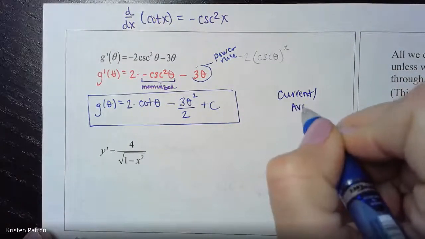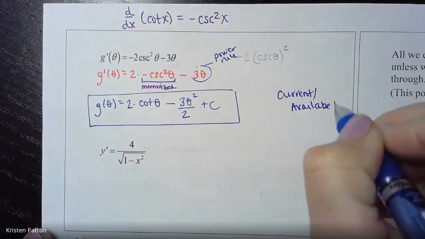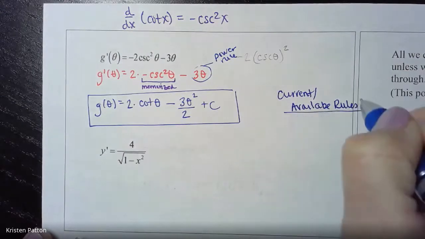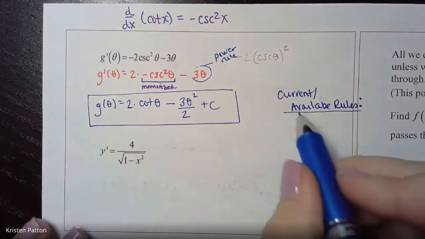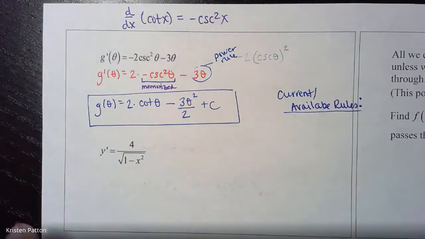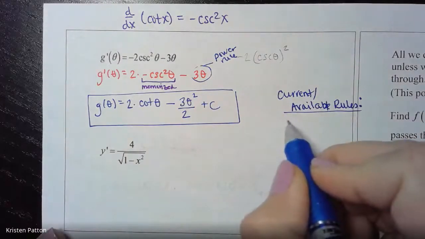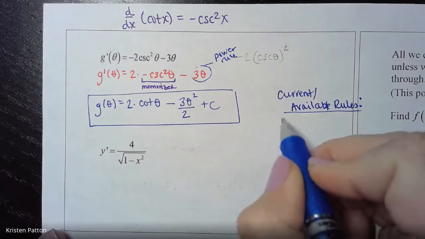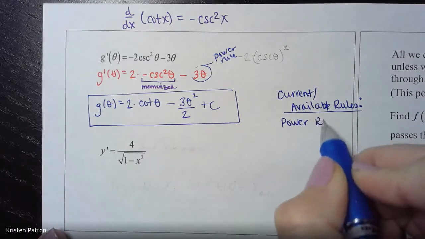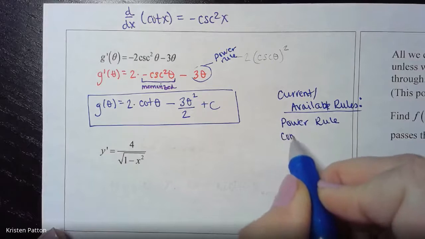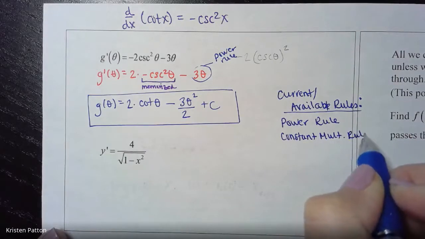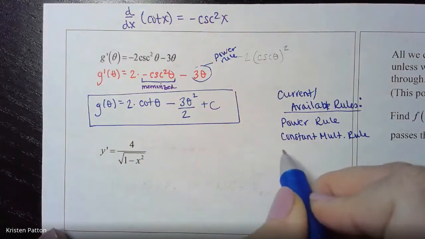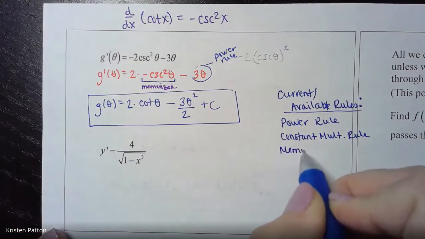Current or available rules for us. Obviously, when we get to Unit 6 and we talk about methods for antiderivatives, we'll have a lot more. But current or available rules would be the power rule, the constant multiple rule, which just gets constants out of the way, and then any rules that we have memorized.